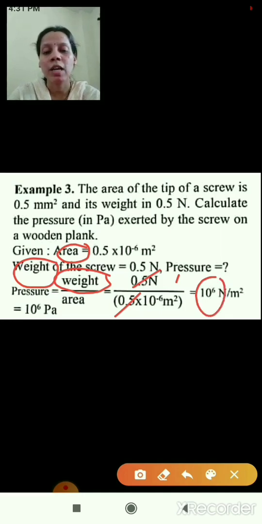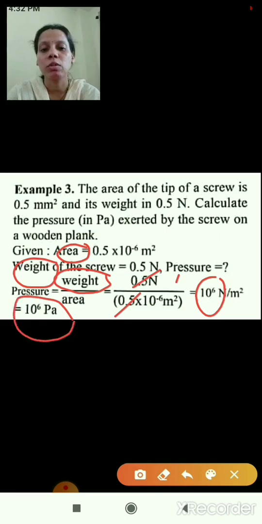Why is it 10 raised to 6 now? Because this is in the denominator. When it goes up in the numerator it becomes plus. So 10 raised to minus 6 becomes 10 raised to 6. So the answer is 10 raised to 6 Newton per meter square, that is 10 raised to 6 Pascal.